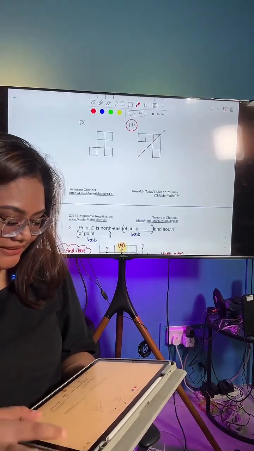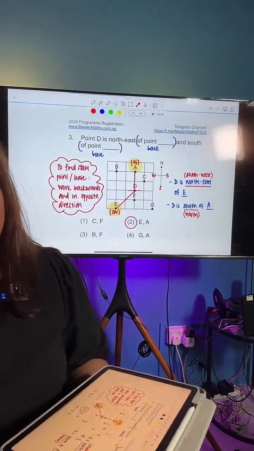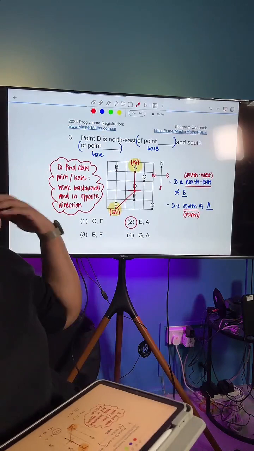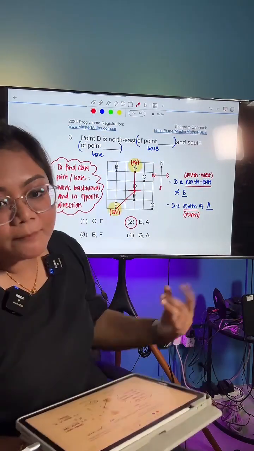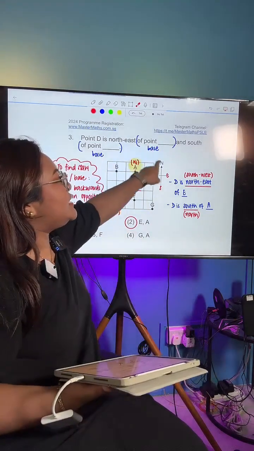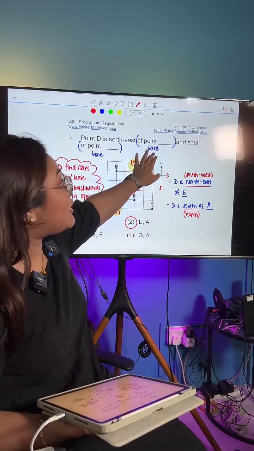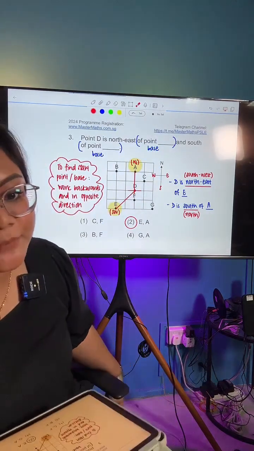Okay, question number 3. Let's take a look. Point D is northeast of point E. So point E is our base location because of the keyword "of" or "from". When we see "of" or "from", the direction or location immediately after will be our base location, our starting point.